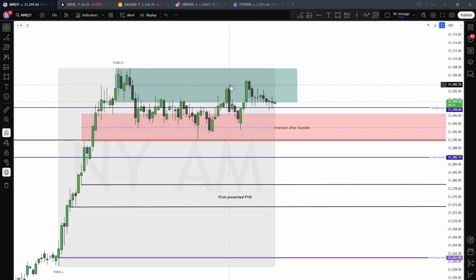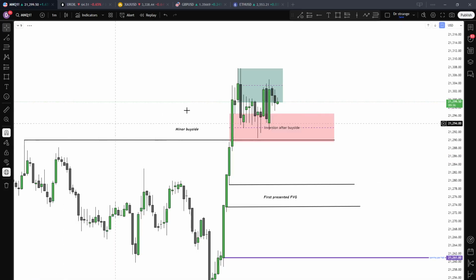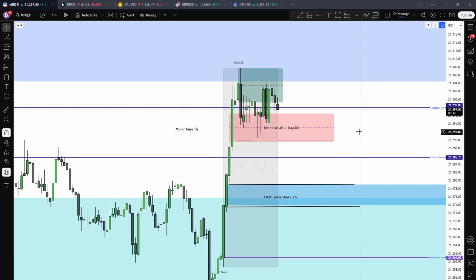If this candle has taken buy side, we want to see a market structure shift right here. We want it to stay in the lower half. Are we ready to go lower?